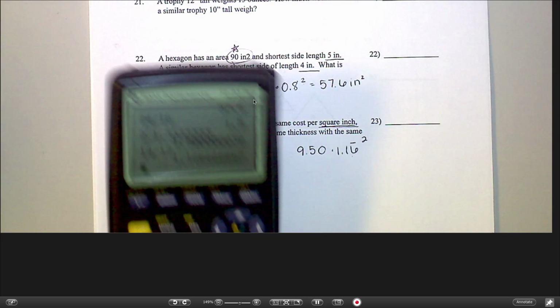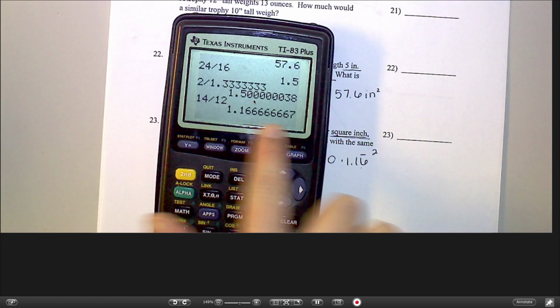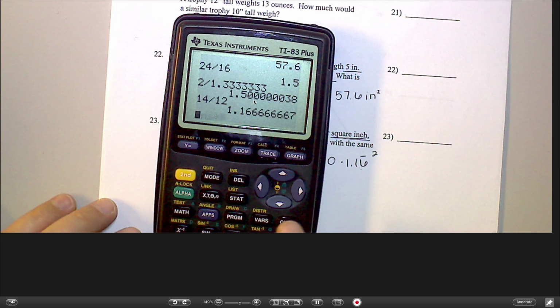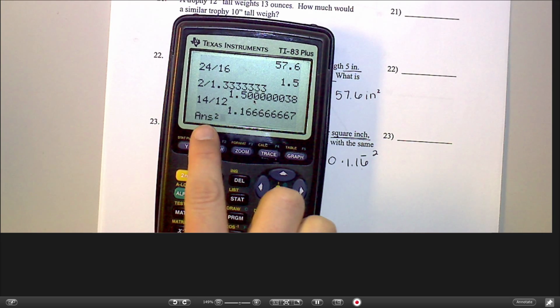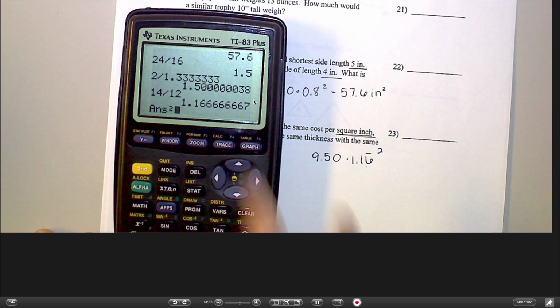And what I would actually try to do, if you can, is keep that original in your calculator, because if you just do 1.16 and cut it off, your answer is not going to be quite as exact. Probably I would still give you credit if I could see that you did it correctly. But I would square it right in your calculator so that it uses that whole decimal, and then multiply by the $9.50.